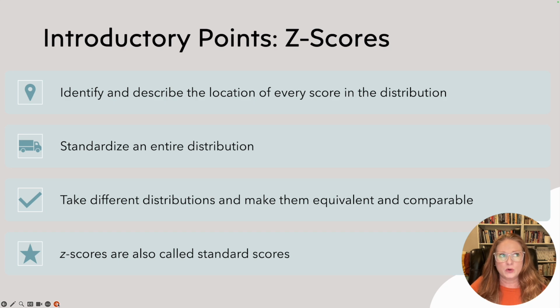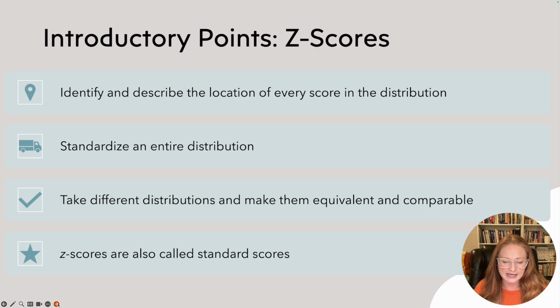Z-scores also work really well in a standardized distribution, right? They do help us standardize into an entire distribution. They take different distributions and they make them equatable to each other, right? Equivalent, comparable.